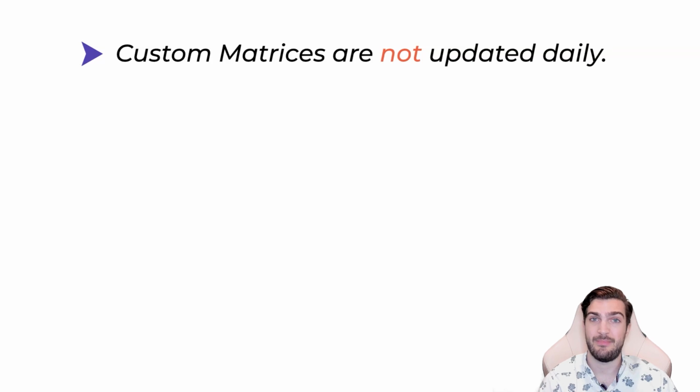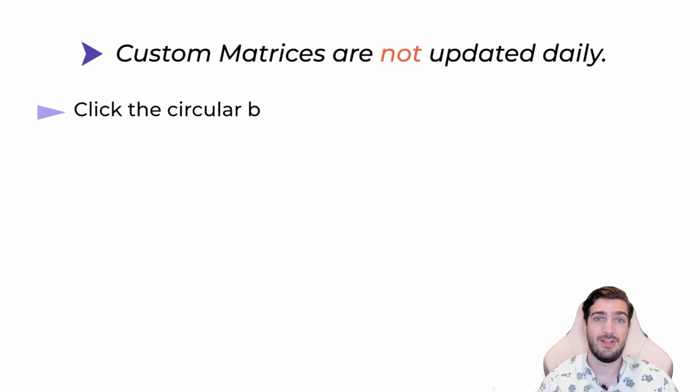Now, there is one major difference between custom matrices and the sector relative strength matrix, and it's that unlike the matrix that updates daily automatically, custom matrices need to be manually updated when you're interested in seeing the new current matrix. But updating a matrix is extremely simple.